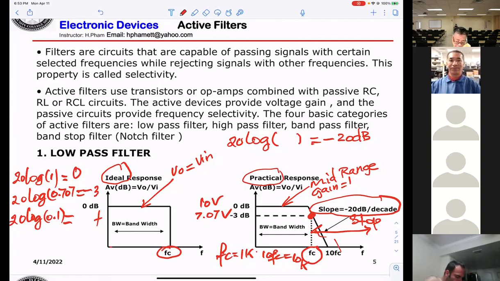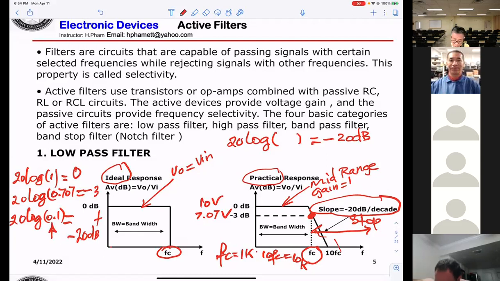What happens if you take 20 log of 0.1? Negative 20 dB. Exactly, minus 20 dB. So they're telling you when you're going down minus 20 dB, the number will be 0.1.